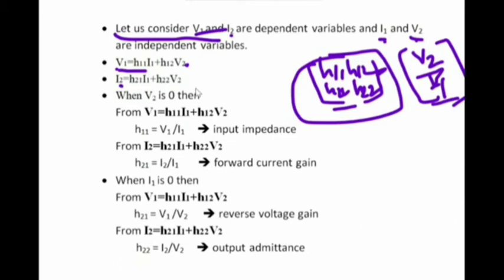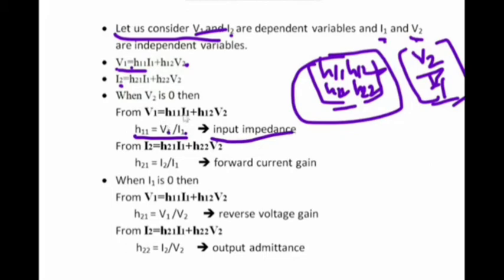If the output is short circuited, then from this equation H11 will be V1 divided by I1, and this is in the form of V by I. We can imagine that V by I is equal to R, that is impedance or resistance. This resistance is at the input port, so this is termed as input impedance.